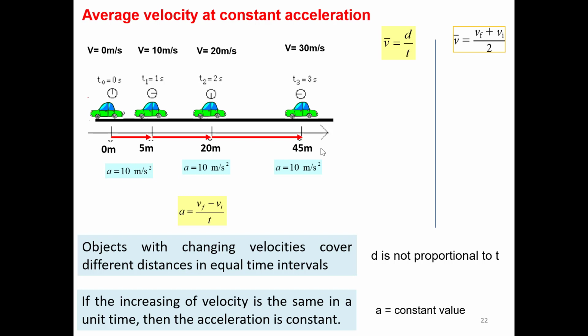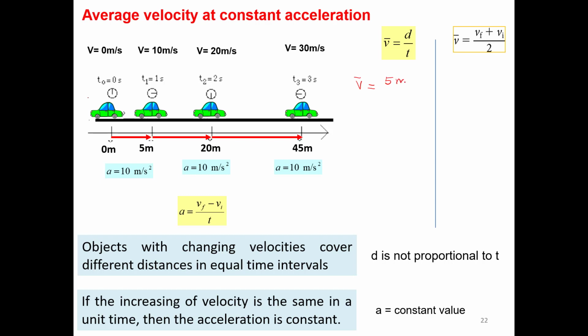The distance will be 5 minus 0, which is 5 meters. And the time will be 1 second, 1 second minus 0 is 1 second.